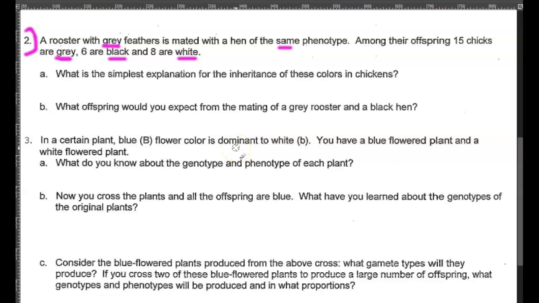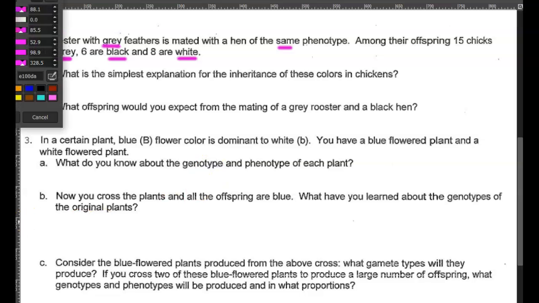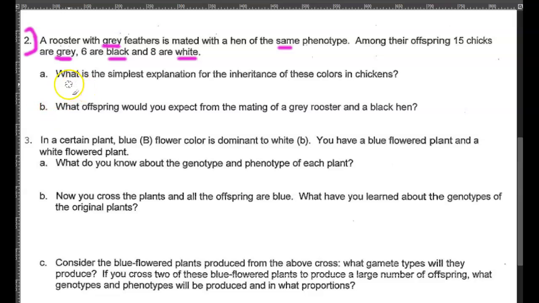So what do you think is the simplest explanation for the inheritance? Is it complete dominance? Is it epistasis? What do you think it is? Well, I think it's incomplete dominance, because we have 3 different phenotypes, and we have one that's in between the 2 extremes.